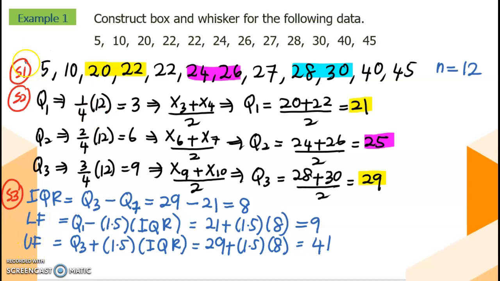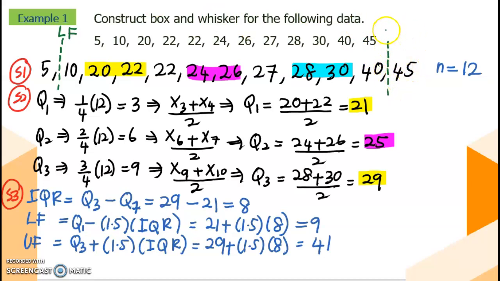Now we look at our data, which we've already arranged in increasing order. Now we are going to put in our lower fence and upper fence. The lower fence is 9, so 9 will be here. The upper fence will be 41, somewhere after 40 and before 45.